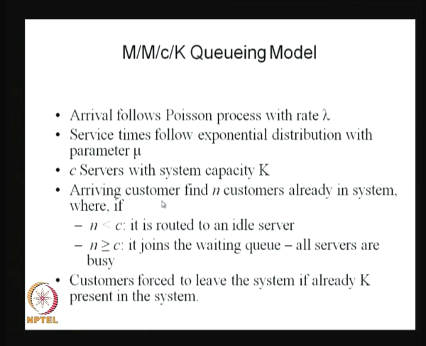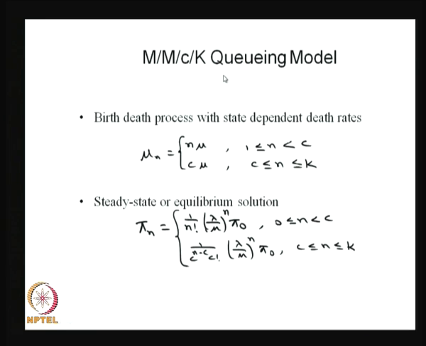With these assumptions, this stochastic process is a continuous time Markov chain, and at any time the system can move only one step forward or one step backward. Therefore, it is also a birth-death process. The birth rates are all lambda because it is an infinite source population, whereas the death rates are state dependent: n times mu for n between 1 and C, and from C to K onwards, it is C mu.